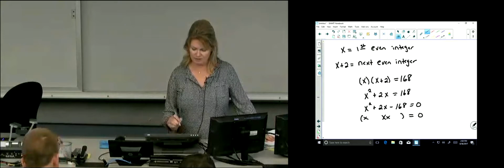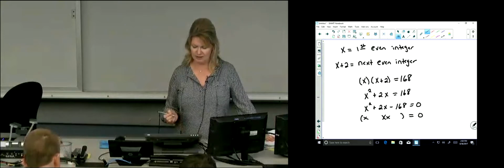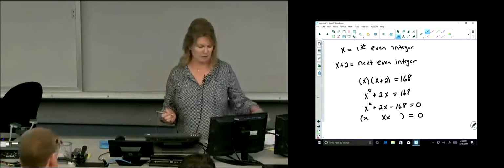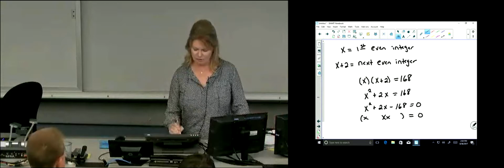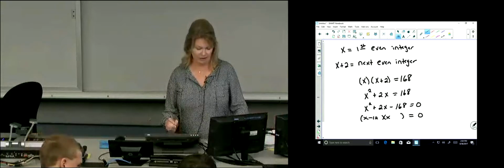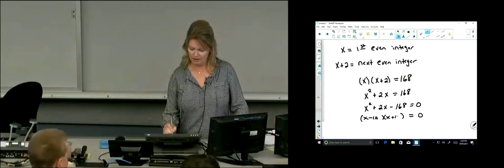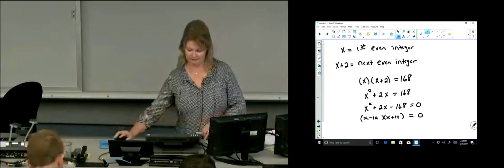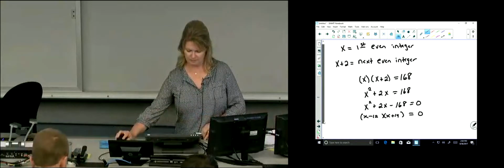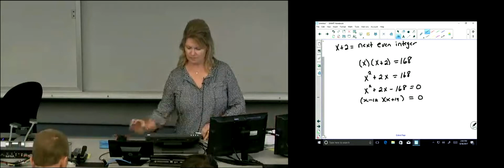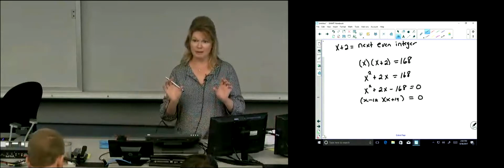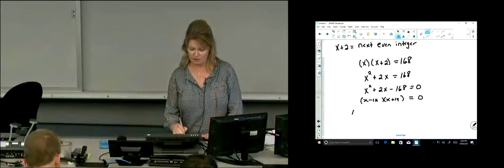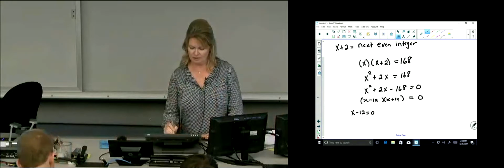But when I factor this, I'm dealing with negative 168. So I need it to multiply to be negative 168 and add to be a positive 2. And that's a negative 12 and a positive 14. So at this point, I use the 0 factor property where I set each factor equal to 0.